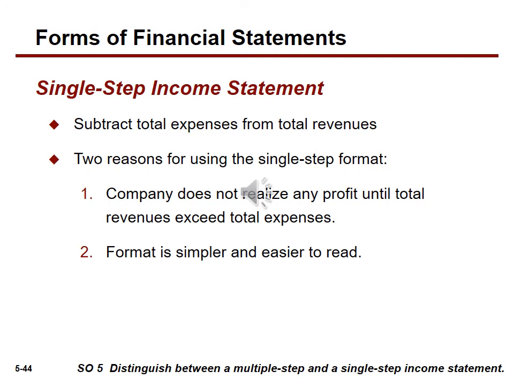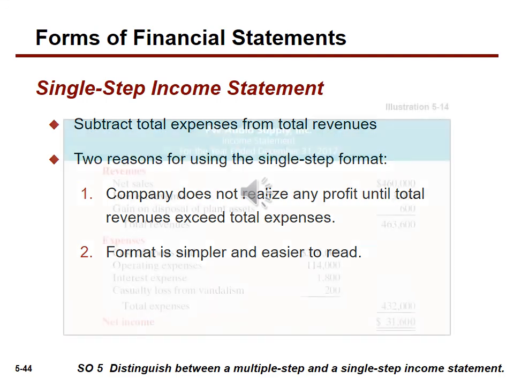The second reason is that a company normally does not realize any profits until total revenues exceed total expenses. Those are the two main reasons why any company might decide to go for a single step income statement instead of a multiple step income statement.